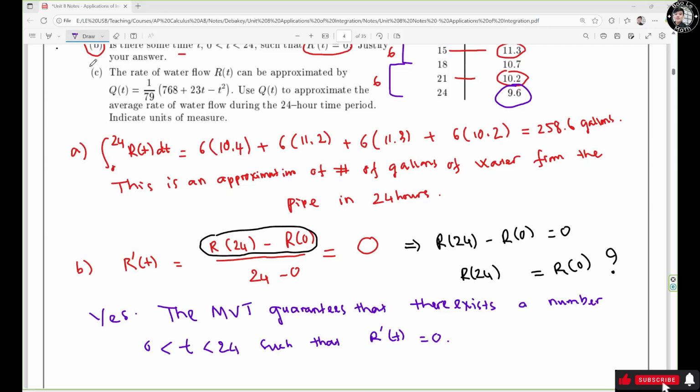Now let's move on to question C. The rate of water flow r of t can be approximated by Q of t equal to this one. Use Q of t to approximate the average rate of water flow during the 24-hour time period. Alright, now average rate is the keyword.